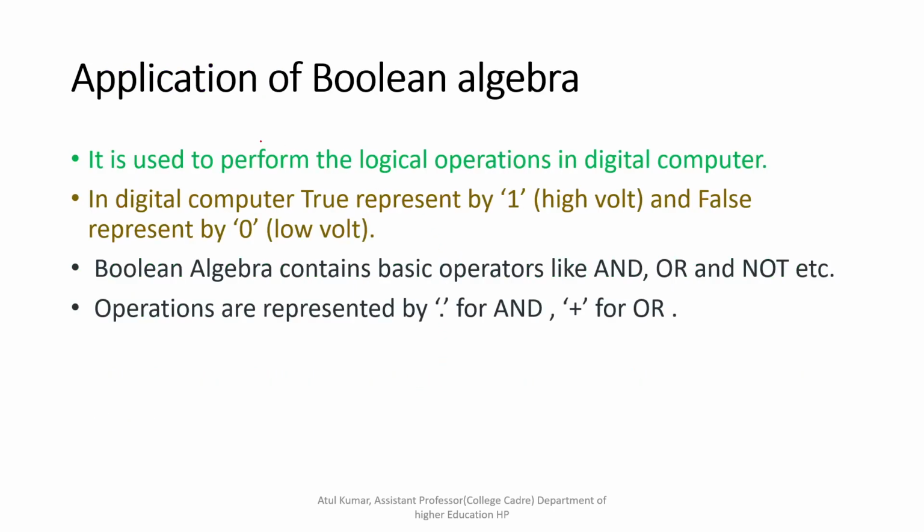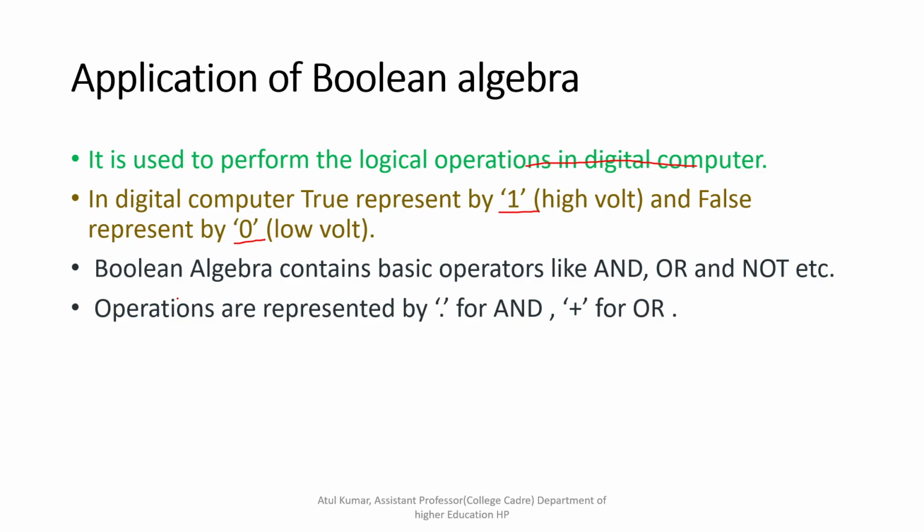We have different kinds of applications of Boolean algebra in computer architecture. It is used to perform logical operations in digital computers. In digital computers, true represents 1 and false represents 0.